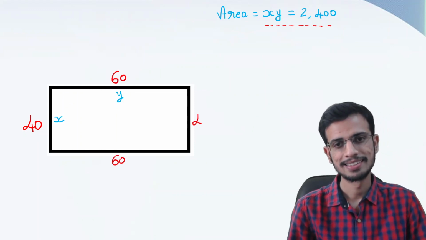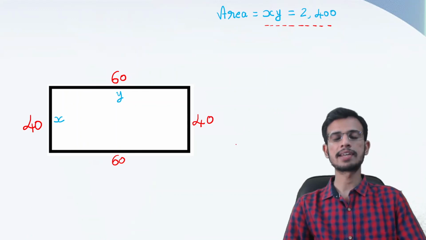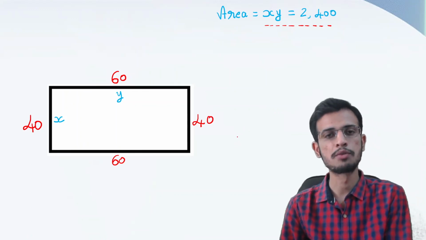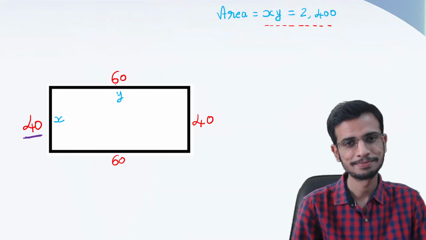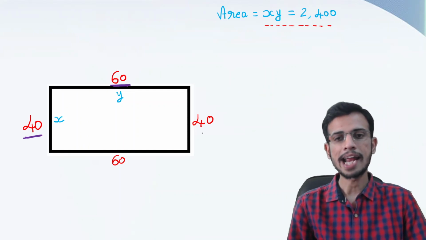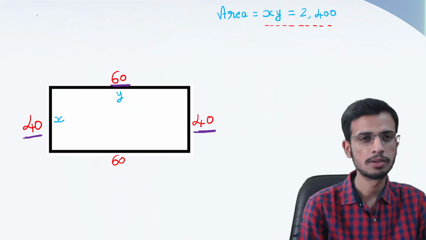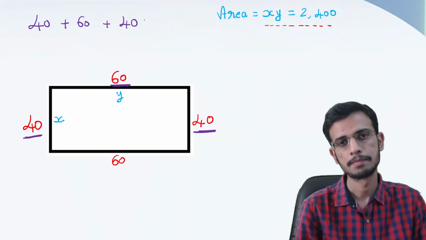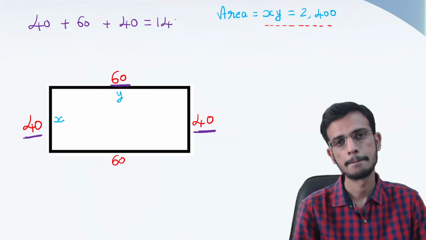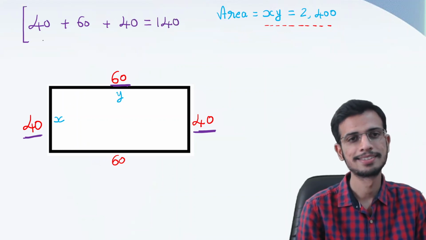right? Now we have to make sum of three sides is 140 feet. So we have to take these sides 40 and 60, 100, and by adding 40, it is becoming 140. Right?